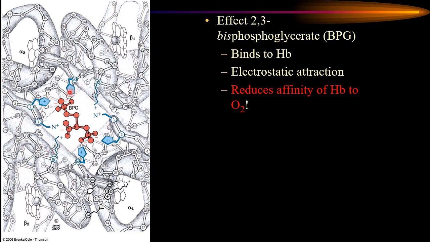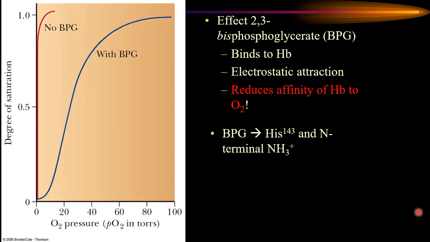And it sits well into the space in between the beta subunits of hemoglobin. So if it's there, what happens? It forces the beta subunits to be farther apart. What did I say earlier? This is the T state, the taut state, which favors deoxygenated hemoglobin. So again, histidine 143 and the N-terminal ammonium groups.